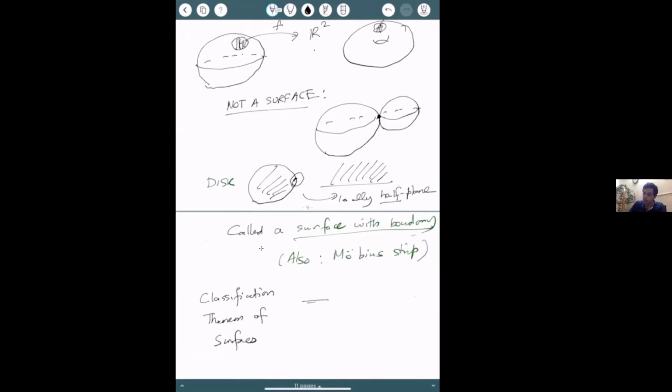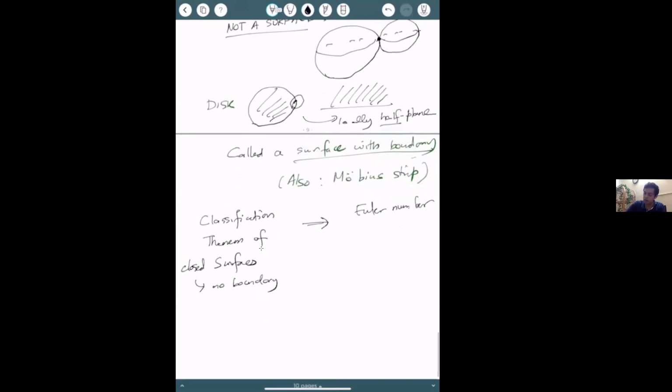This is for closed surfaces. Closed means no boundary, as in the definition of a surface. And it's also compact. For people who've already seen it, you know it.